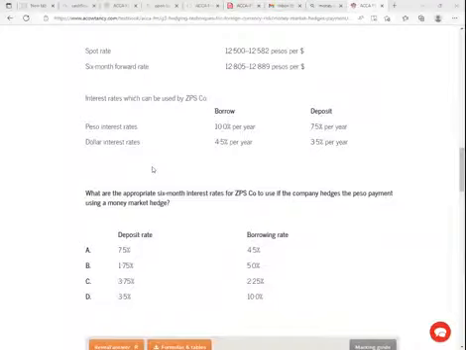Are you able to see the borrowing rate of the dollar? It's 4.5%. So the dollar borrowing rate is 4.5%.